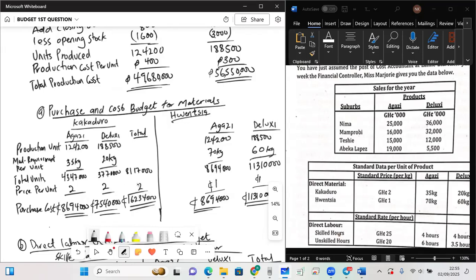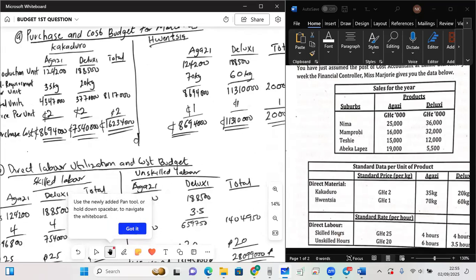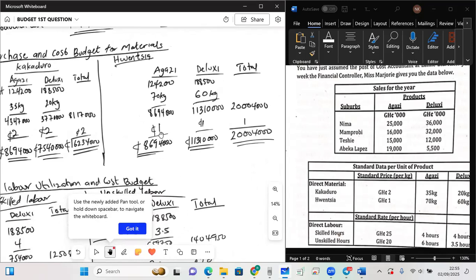And then the unit as well. For here, I've indicated unit, so it's here. So cost, sign, sign, and then sign. Now, after doing that, you get a total for both of them, right?